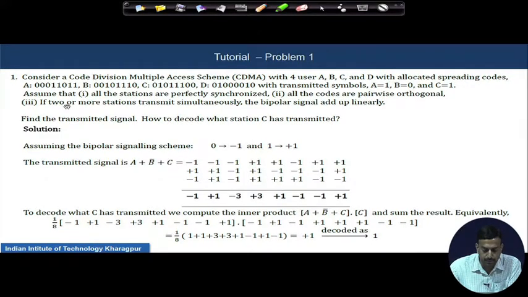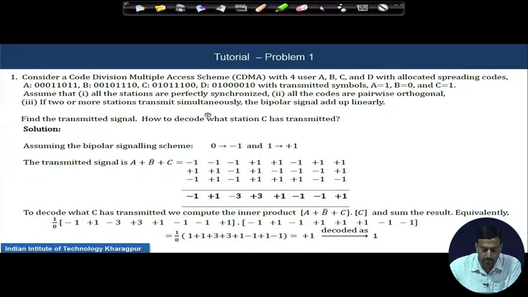We also make another assumption that if these stations transmit simultaneously, which is what is going to happen in our problem, then the binary bits are going to be mapped using a bipolar signaling scheme, and these bipolar signals add up linearly to form a composite signal which is received at the receiver.